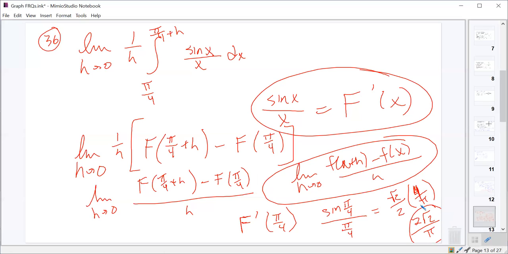So a little bit of a convoluted one where you got to use the second part of the fundamental theorem of calculus, and then the limit definition of the derivative. I wouldn't expect to see something quite like that. I think the multiple choice is usually easier than that particular problem was. Any questions there on 36?